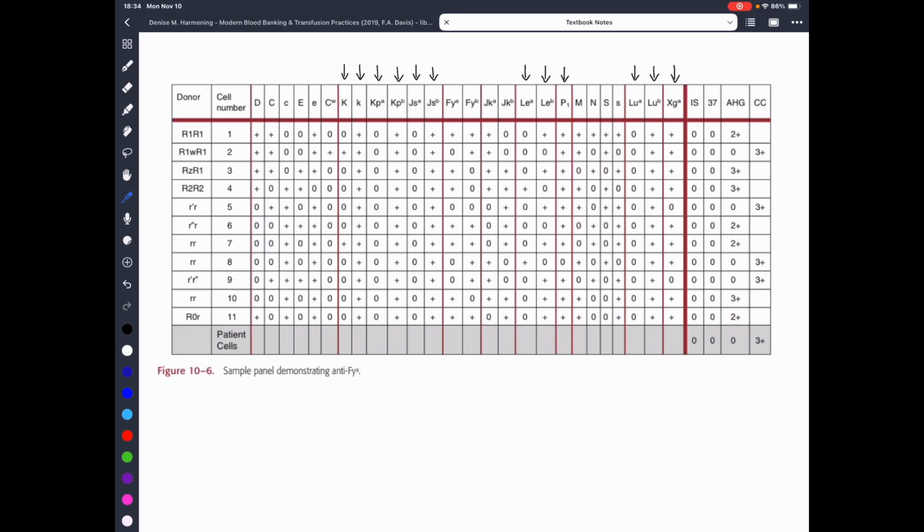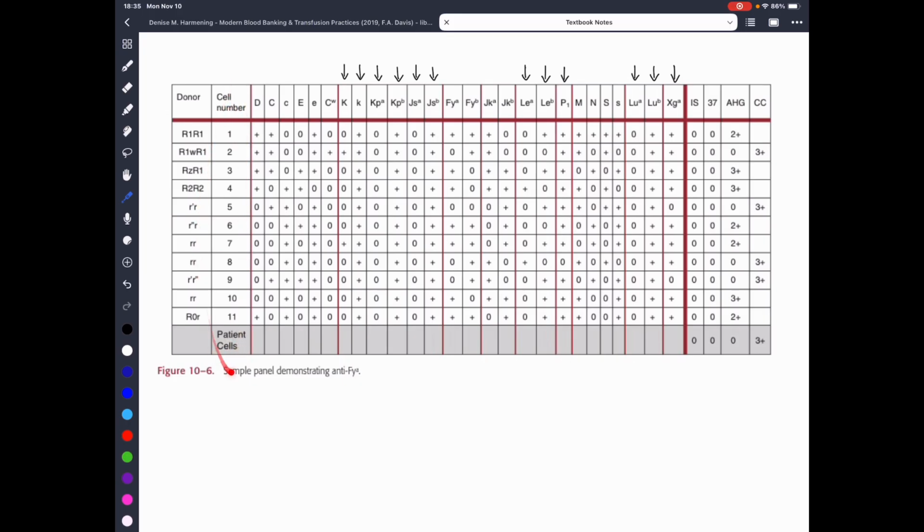And then CC is Coombs check cells, using Coombs reagent, and so this is used whenever there's a negative result and a positive check cell. It means that the negative result is actually negative, and I believe chapter 10 goes into what check cells are. And so just a little bit of review.